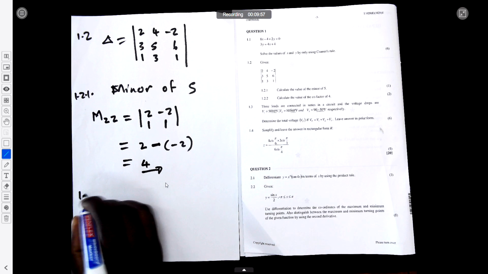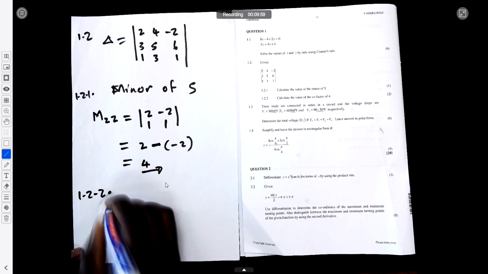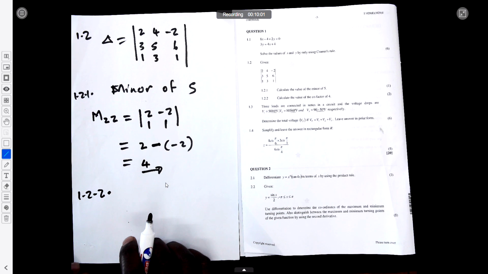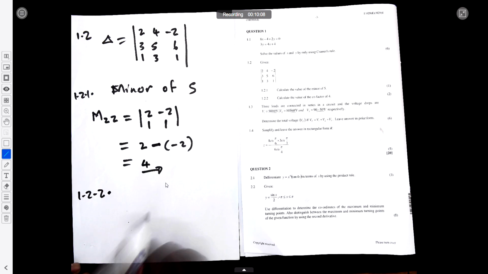So let's look into question 1.2.2. We need to calculate the value of the cofactor of 4.